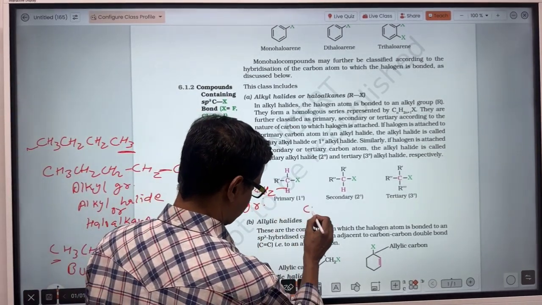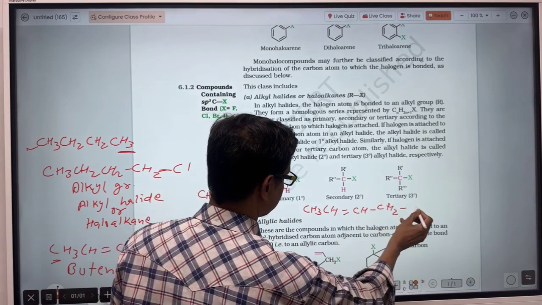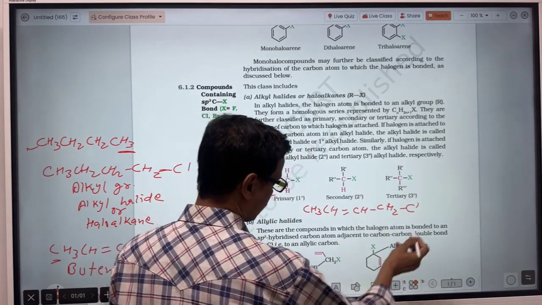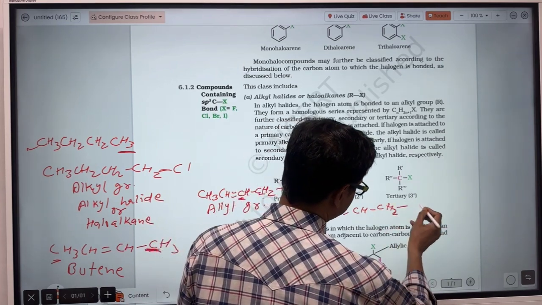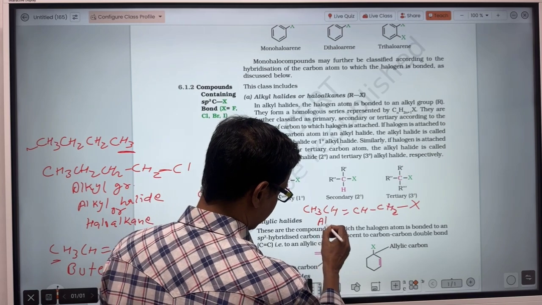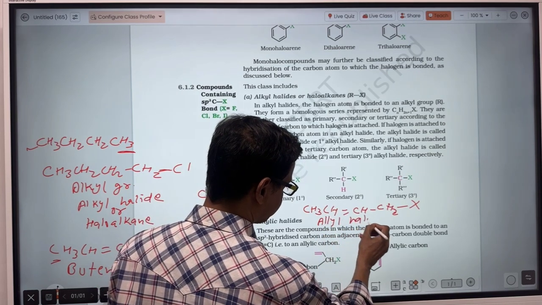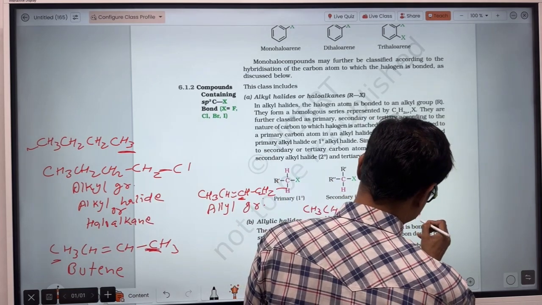So when halogen attaches here, the structure will be like this: Cl or Br, whatever halogen you want to attach. For the halogen, we simply use the symbol X. So this compound will be called allyl halide or allylic halide.